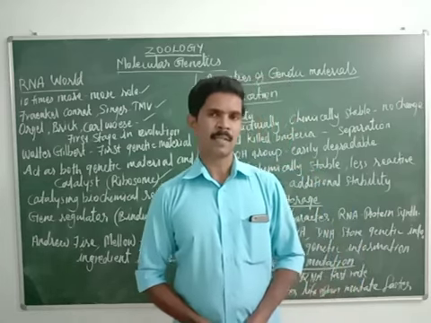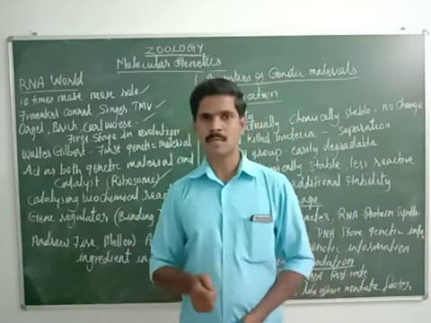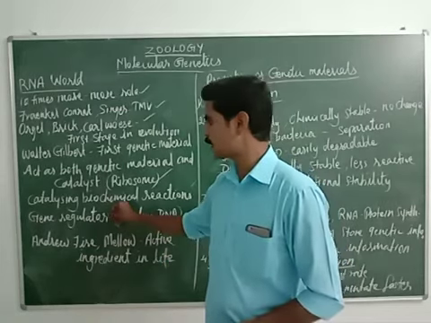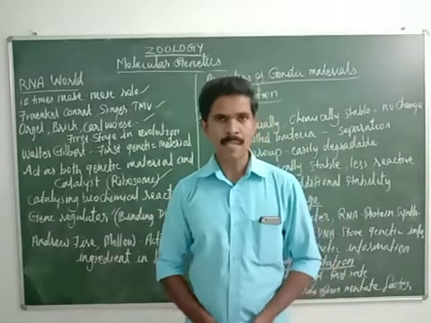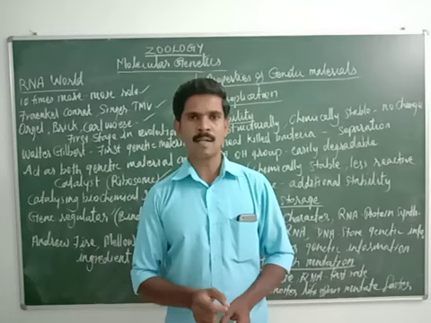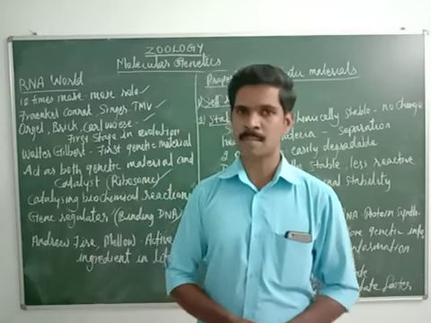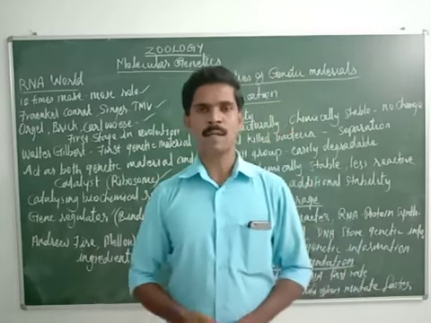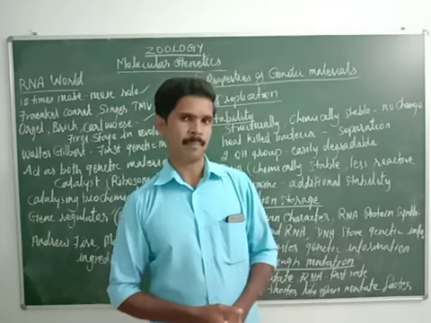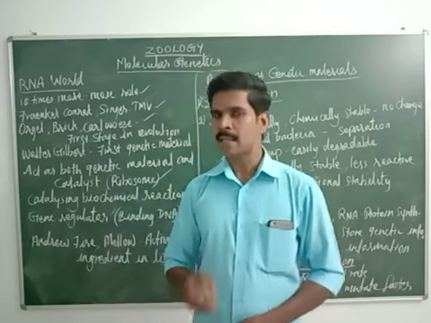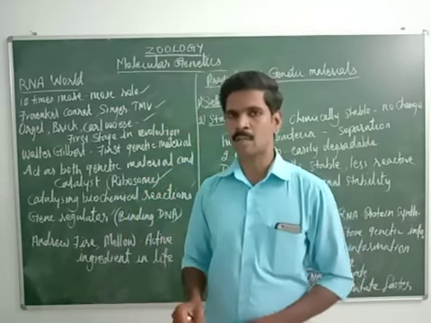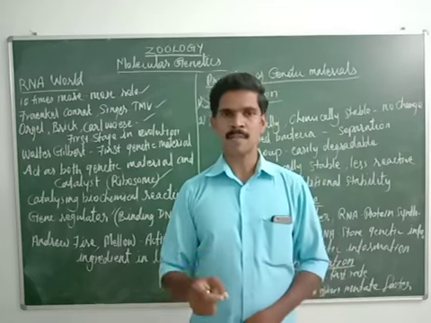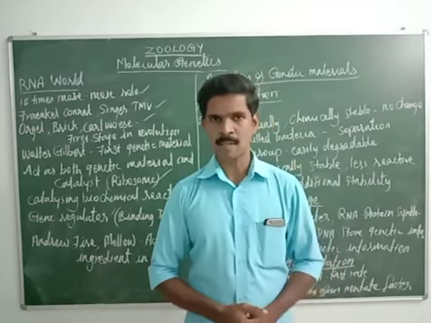In some organisms, the RNA molecules act as a gene regulator. That means in some organisms, the RNA molecules bind with the DNA, and thus the RNA molecule controls the expression of genes.